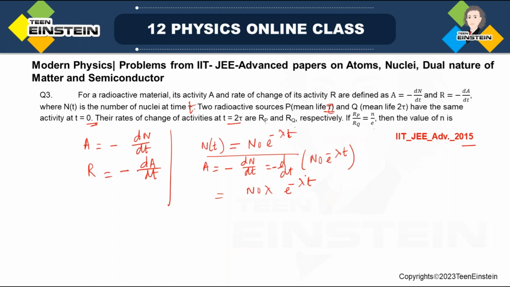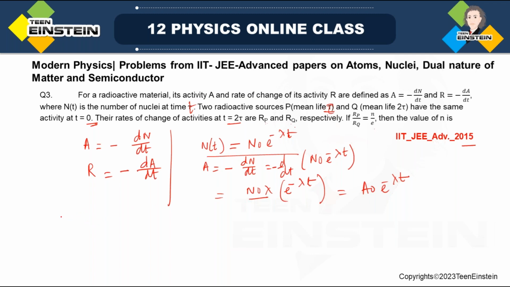If we require it at any time, we can use this. So this I can write as A0 e to the power minus lambda t. This is the activity. This is how activity is written.